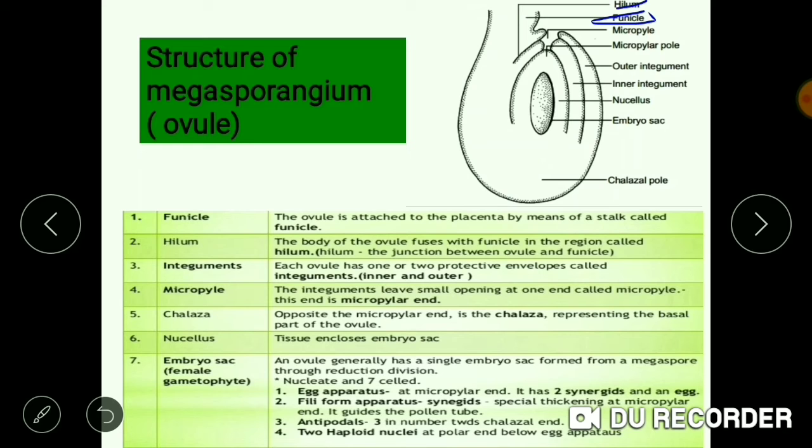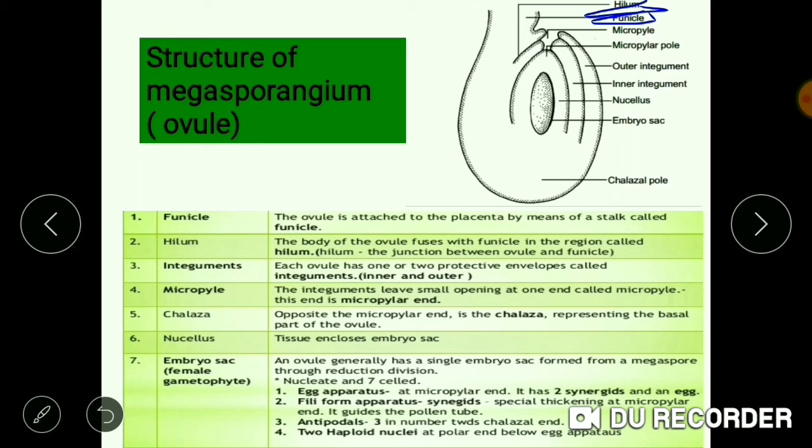Now, what is hilum? Hilum is that part of the ovule through which the ovule fuses with the funicle. Now we talk about micropyle.